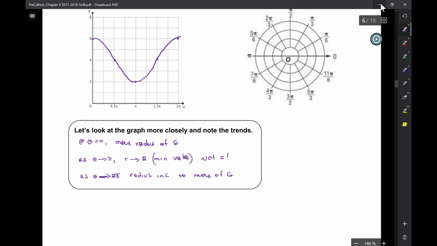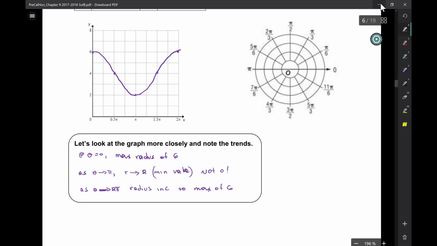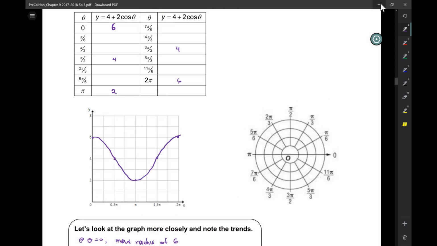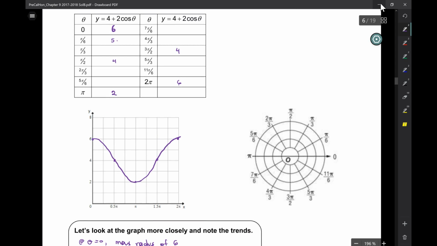The exact wording over here isn't the point, it's the concept. So when we fill these in, we get 5.7, 5, 4, and then 3, 2.3. And then it's going to repeat again after pi, so 2.3, 3, 5, and then 5.7.